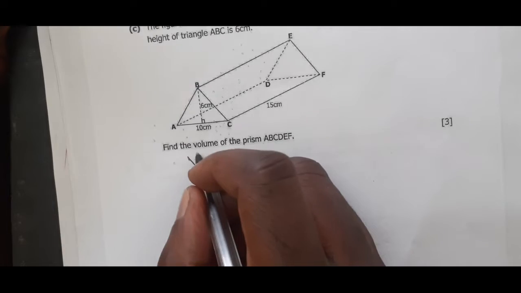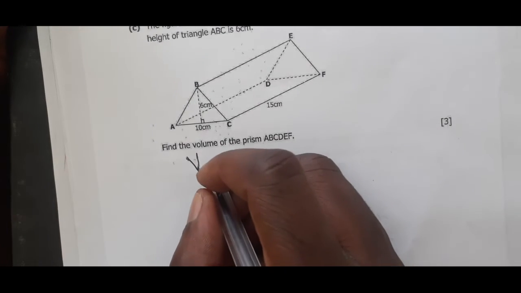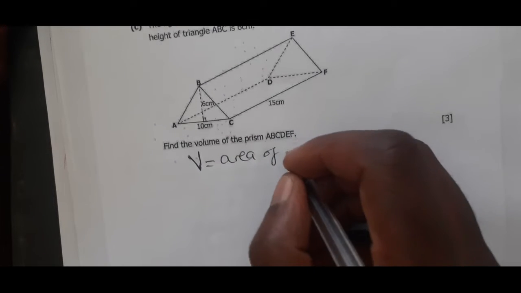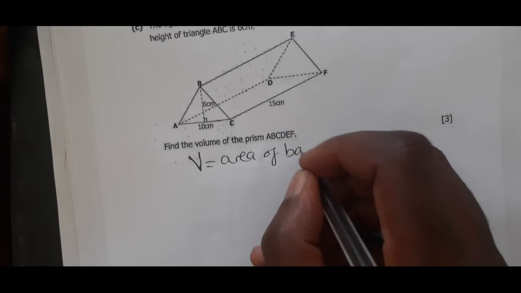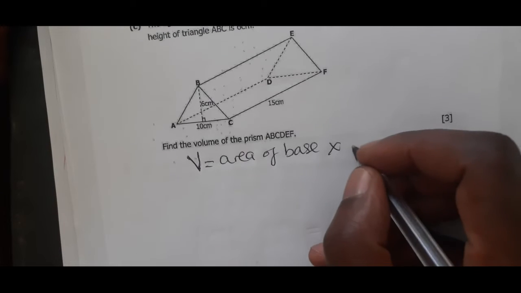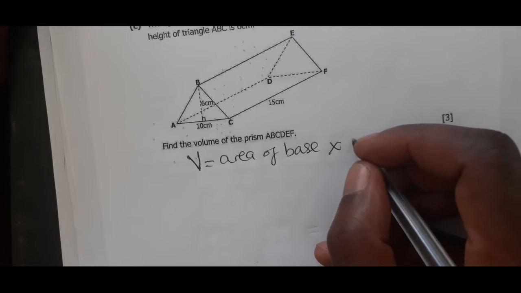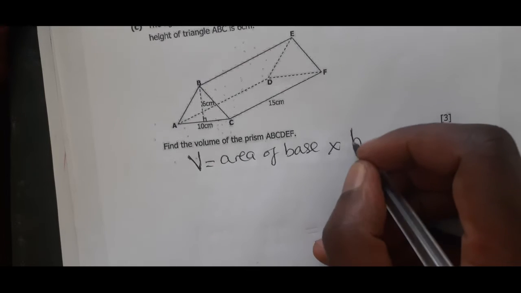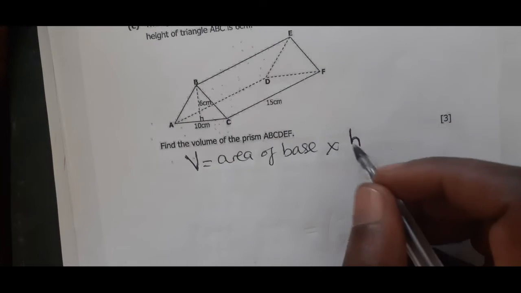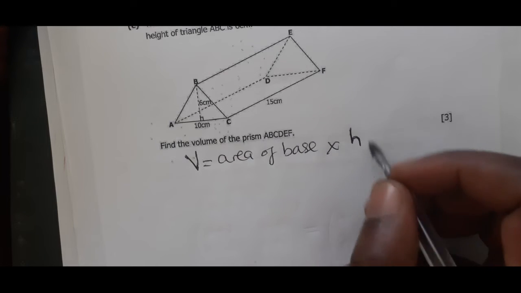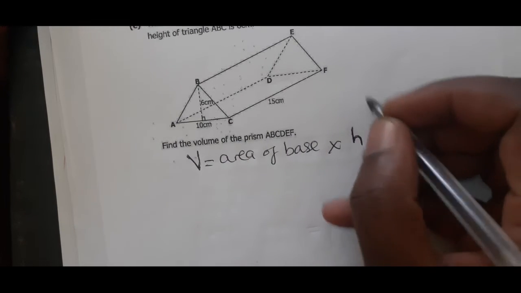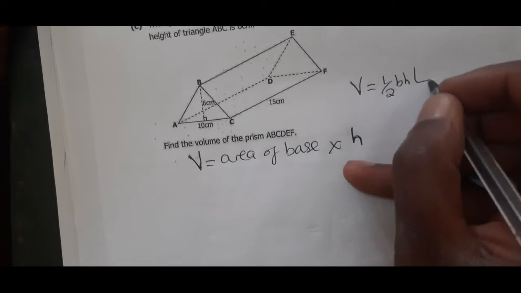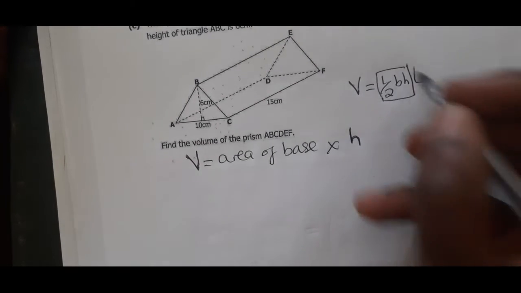So the volume is always the area of the base multiplied by the height, or this can be symbolized as L, because sometimes we say it's the area of the base.